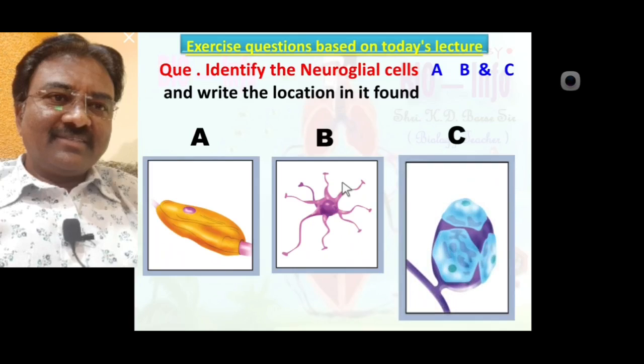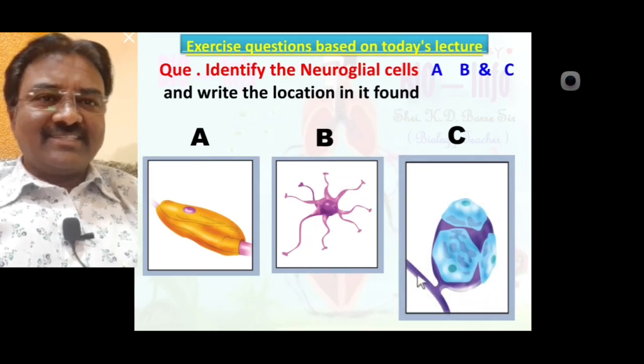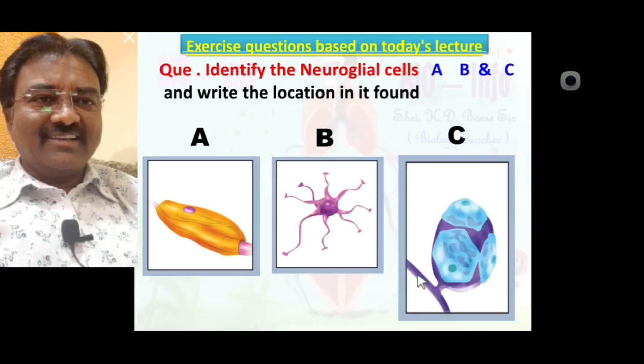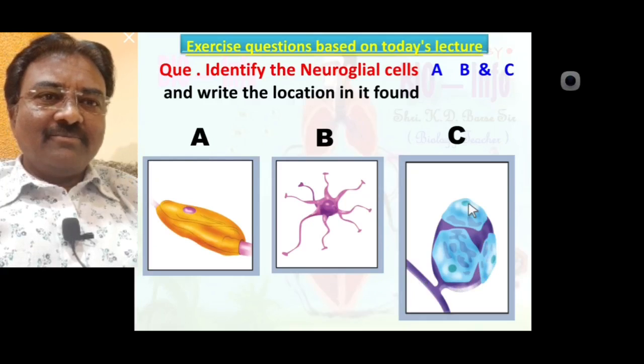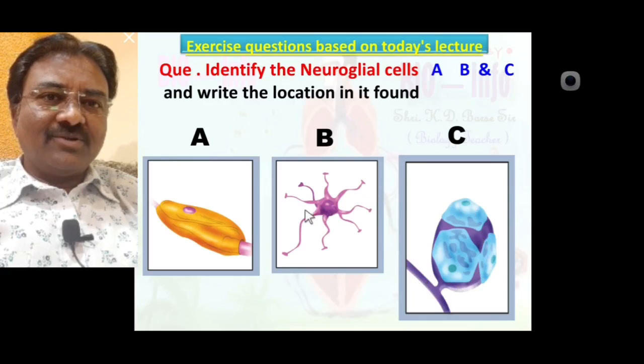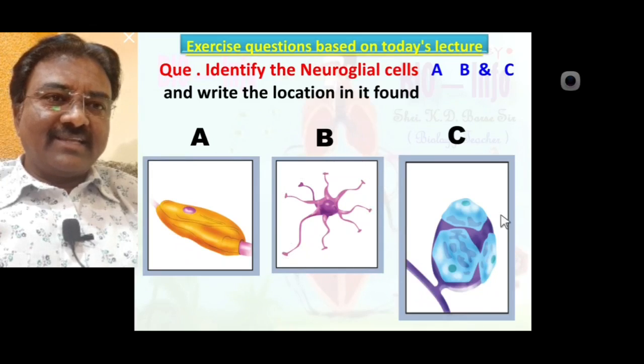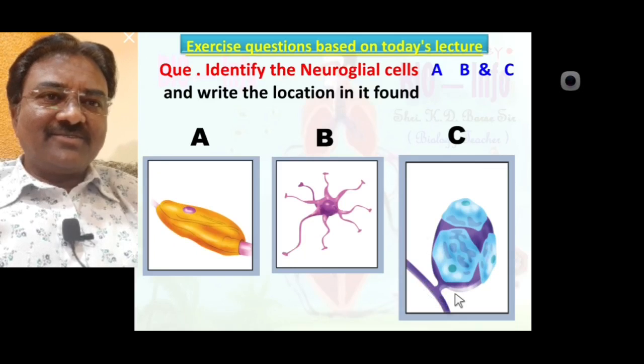C, yes, this neuroglial cell is called a satellite cell, and it is found in the PNS. Schwann cell is found in the PNS. Astrocyte cell is found in the CNS. Satellite cell is found in the PNS. Hope that you understood everything.